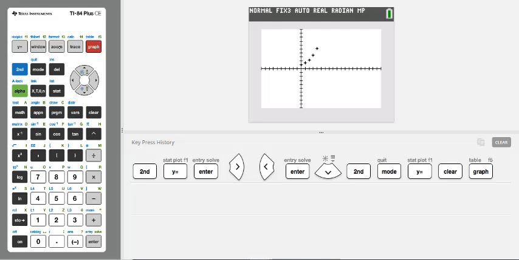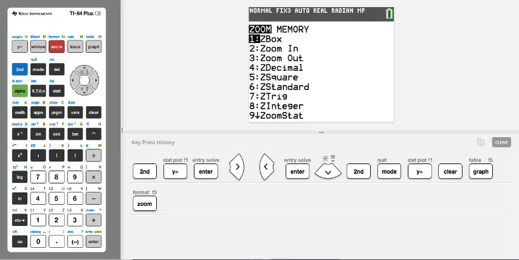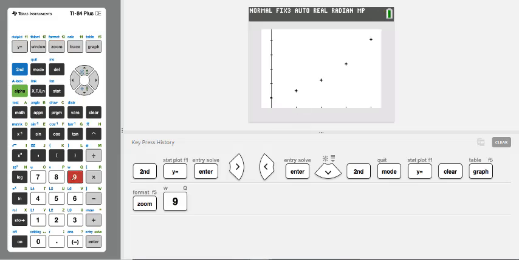But here's a really cool thing. If I hit zoom, see that number 9? It says zoom stat. If you hit that, it sets the X parameters and the Y parameters on your window, and you can see it, pretty cool.